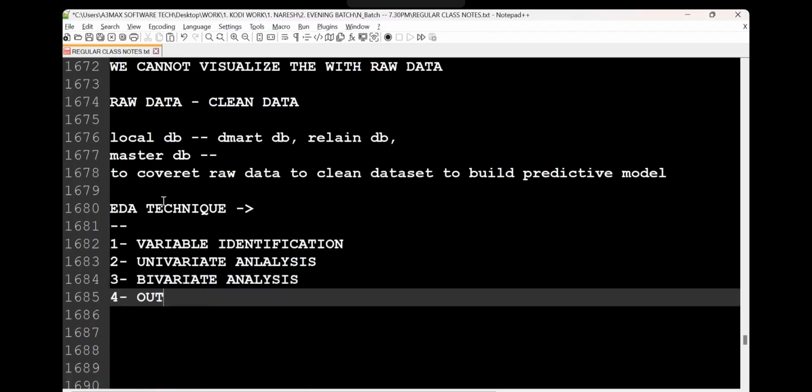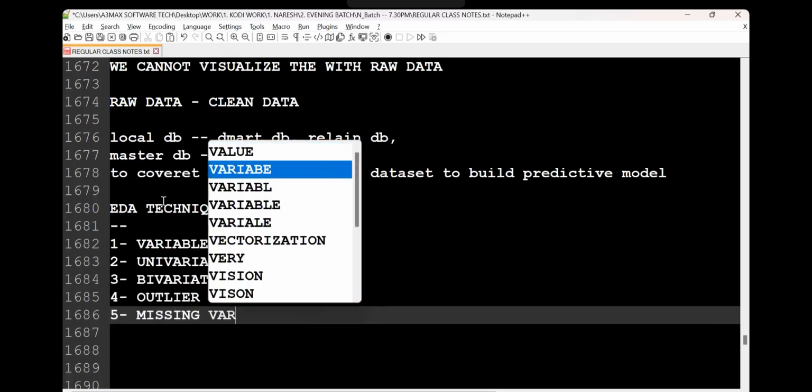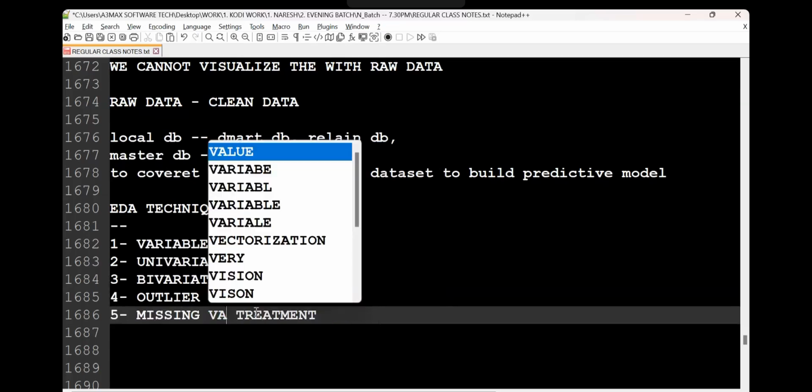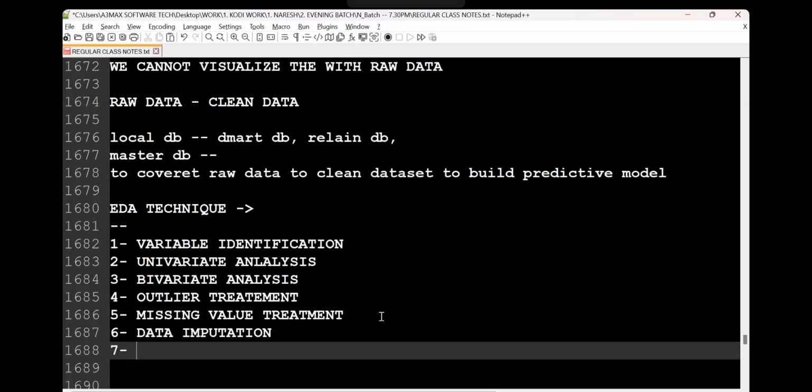The fourth one is outlier treatment. The fifth one is missing value treatment. In the raw data, do we have missing values or not? The sixth one is data imputation. The seventh one is variable creation.